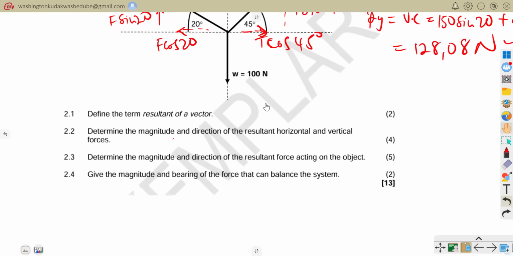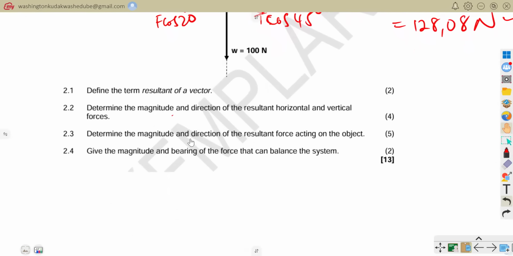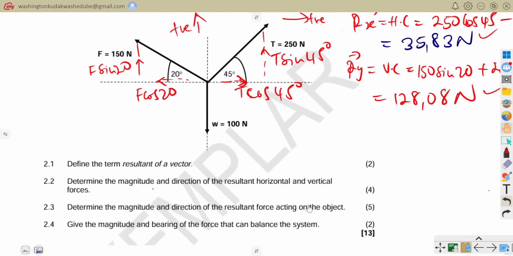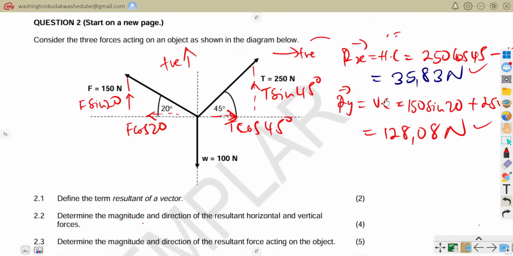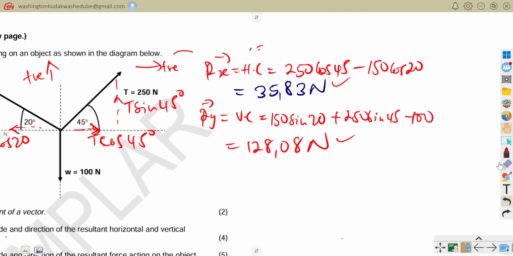By doing that, they are now saying determine the magnitude and direction of the resultant force acting on the object. Since we said that positive is going to the right, the 35.83 is going to the right, and this one is going up, because we chose up to be positive.